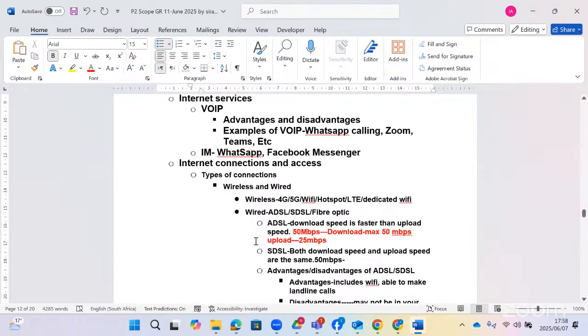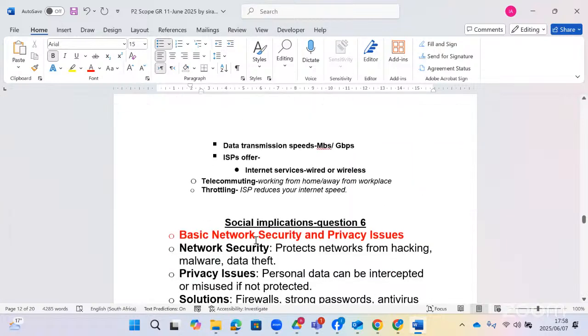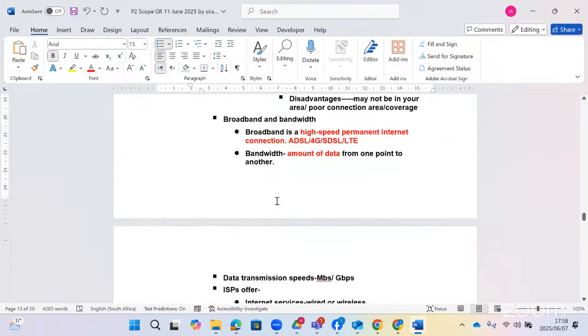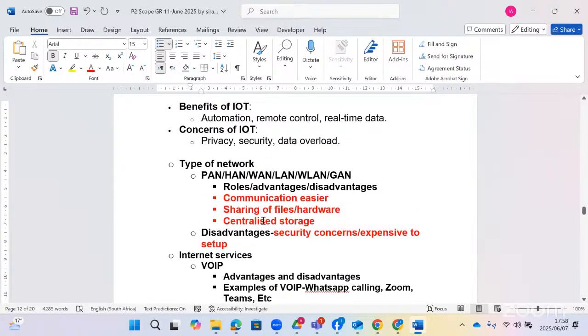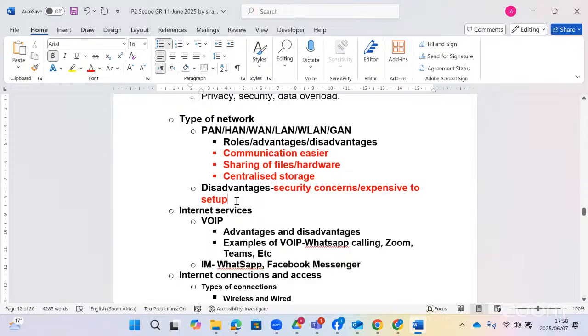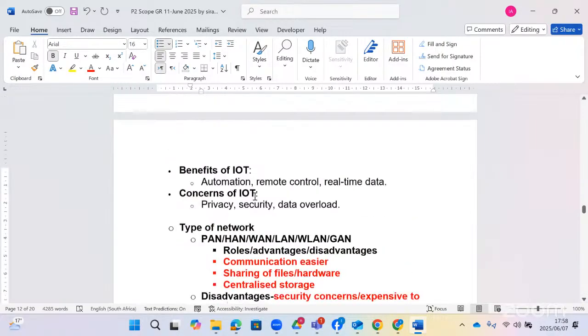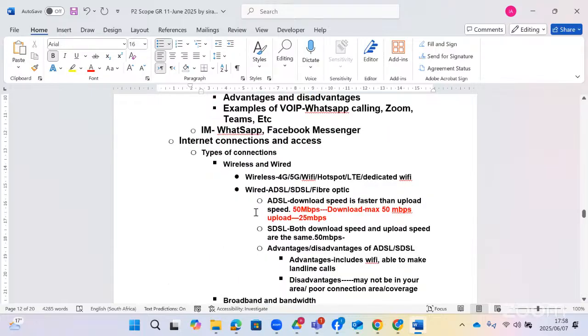Then the internet connections, you need to know them, throttling and others, but that one is not important. What is more important for you regarding this June exam ends here. It ends here. That is up to the types of network and the IoTs.